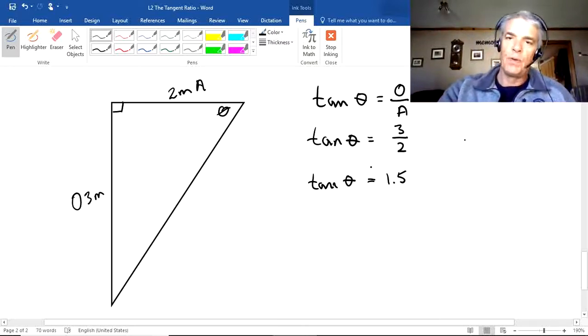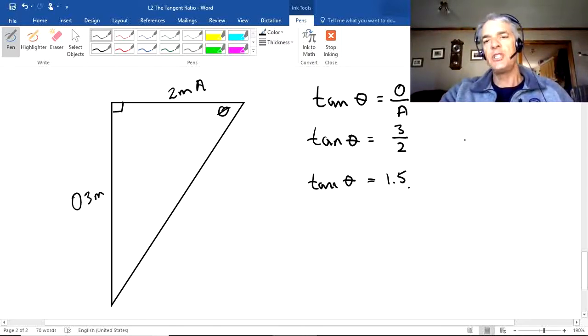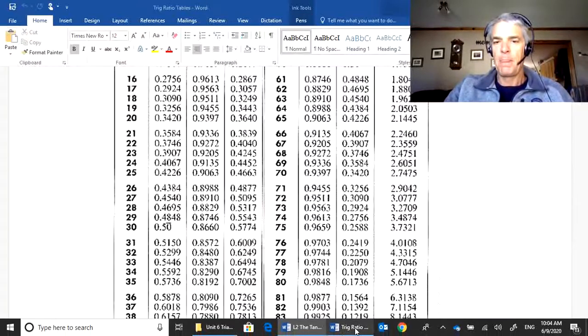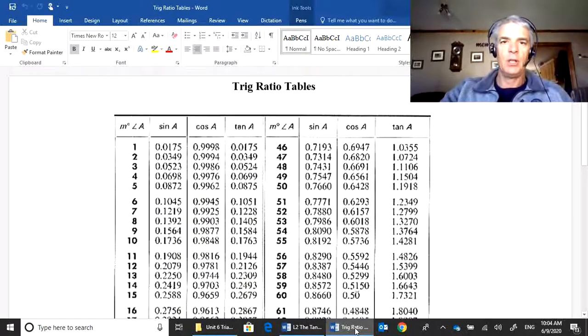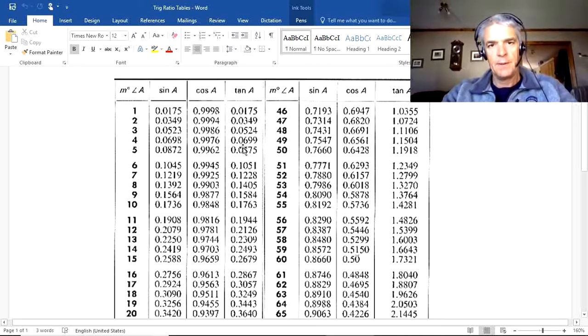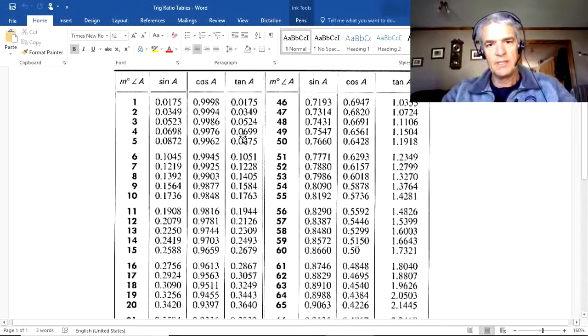I want to figure out what the angle is if the ratio is 1.5. Well, we can go back to our table. Back to our table. And this time, I'm going to look in the tan column for 1.5. And you'll see here, as I scroll along, 0.016. Look at it, it's getting bigger. Tan's getting bigger.